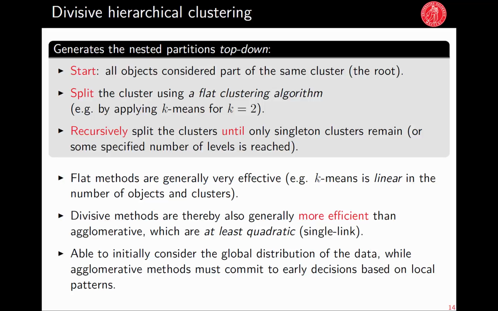So k-means is linear, while these different linkage criteria are typically more complex, with single-linkage being the most efficient one, given this property of being best merge persistent. So that's quadratic complexity. But again, that flat method would need to be applied for every iteration.